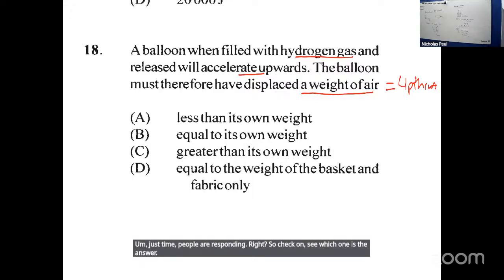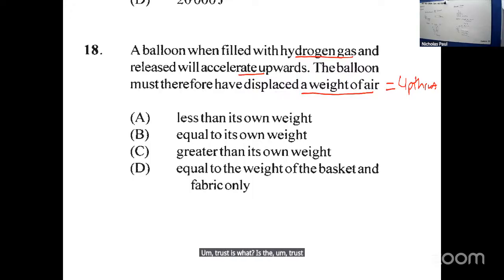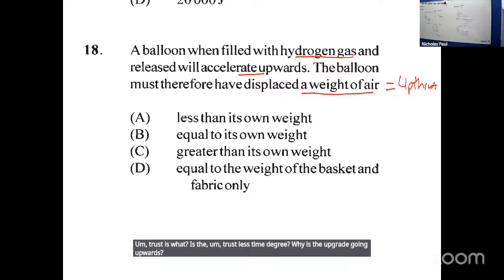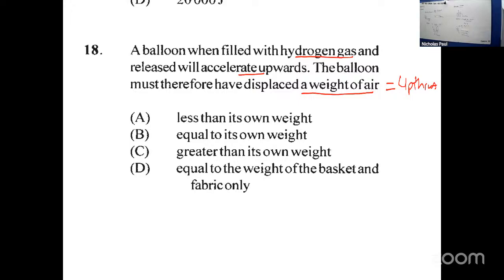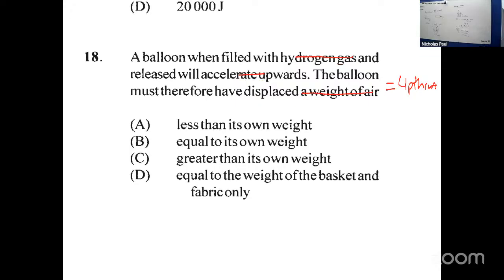Upthrust is what? Is the upthrust less than the weight? Why is the object going upwards? Right, so message your answer A, B, C, or D. Good job, Tiana. That is correct. Good job, Nerissa. Sophia, good job.